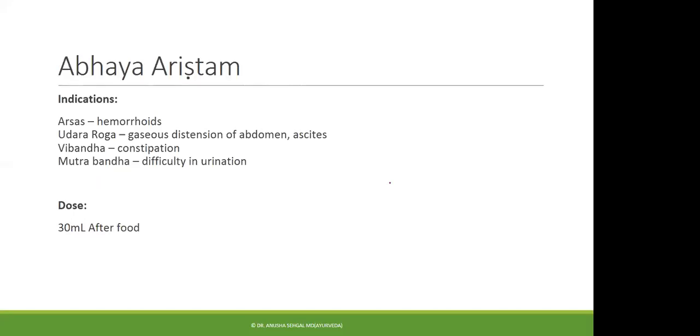Vibandha, even in constipation, and Mutra Bandha, where there's difficulty in urination. We even use Abhayarishtam in some conditions where there is painful menstruation, or irregular menstruation, in order to initiate that movement of Apana Vata and to get that regulated back into a cycle, instead of having it once every 2 months or once every 3 months.